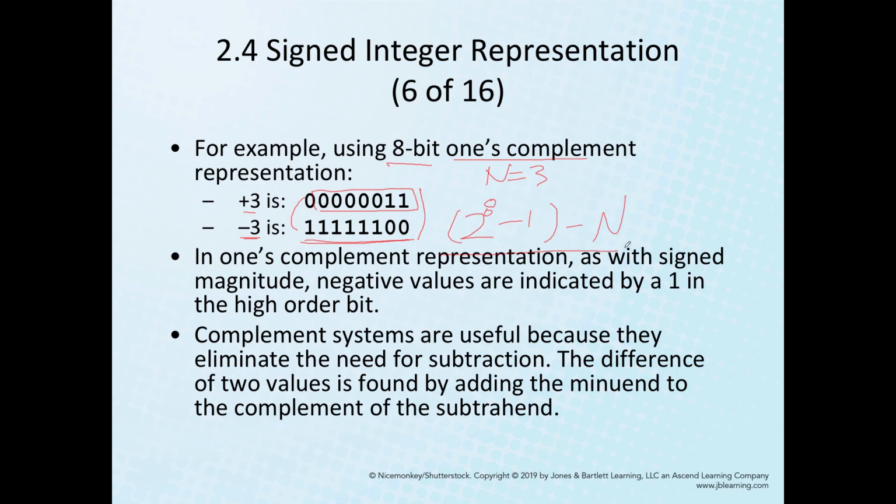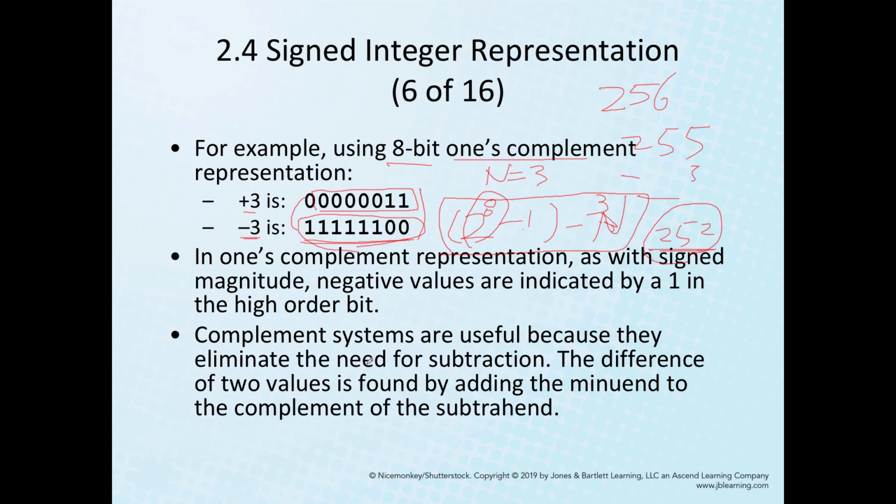So 2 to the 8th power is 256, minus 1 is 255, minus 3 is 252. If you convert this binary number into decimal, you will find it's 252. That's the ones complement representation.